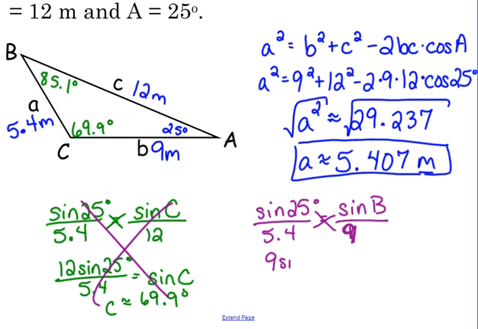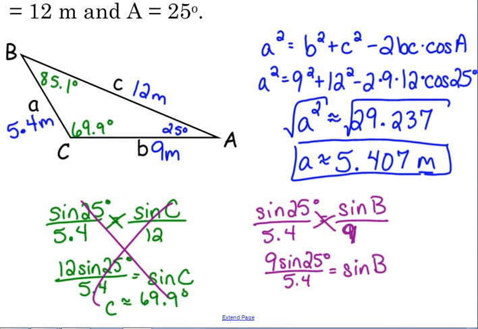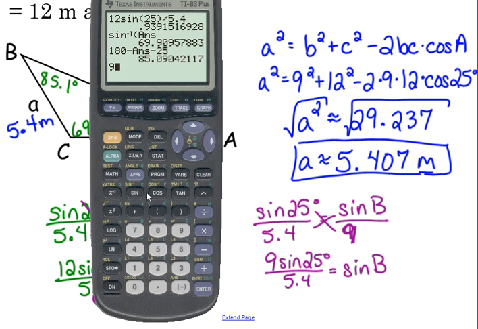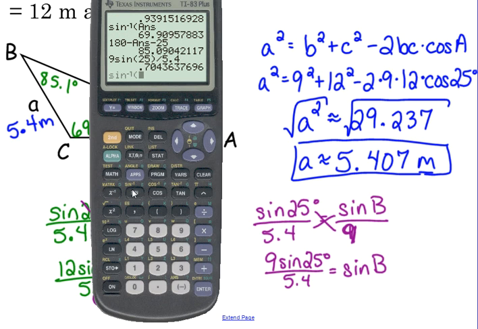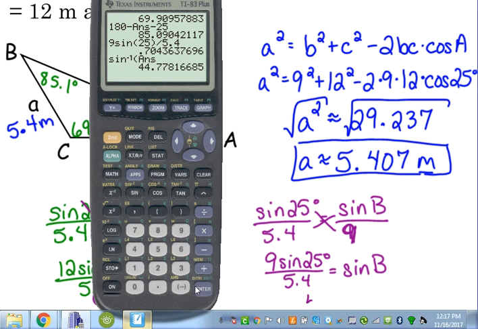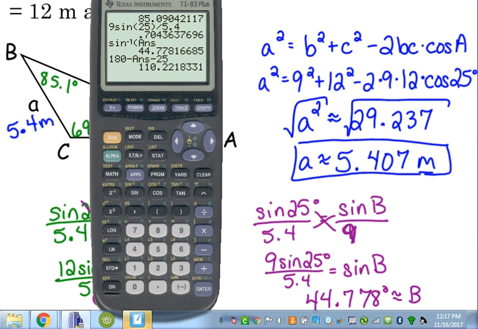So 9 sine of 25 degrees divided by 5.4 is equal to the sine of B. We get 44.778 degrees for B. 180 minus that, minus 25 is 110.22.